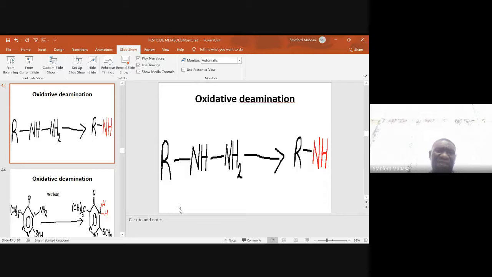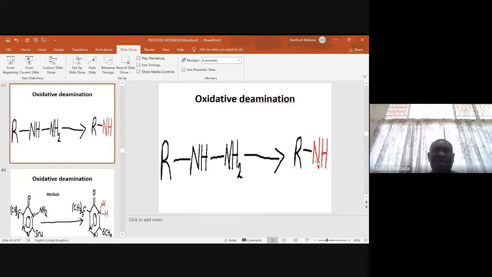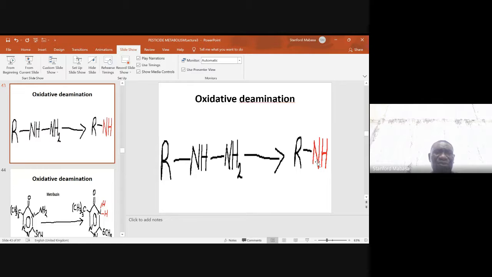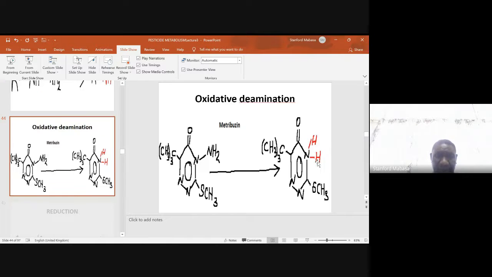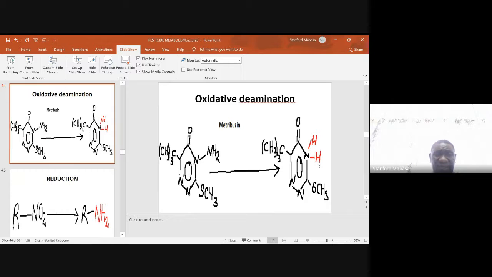What it simply means is that this other nitrogen is going to be removed. Then we are going to remain with one nitrogen attached to hydrogen. This then is oxidative deamination using metribuzin as an example.